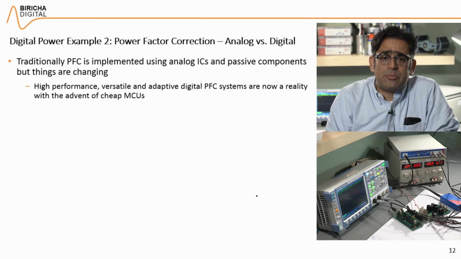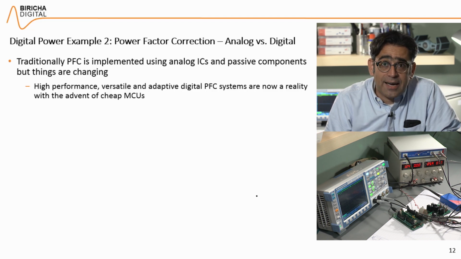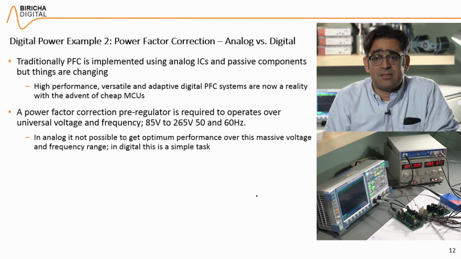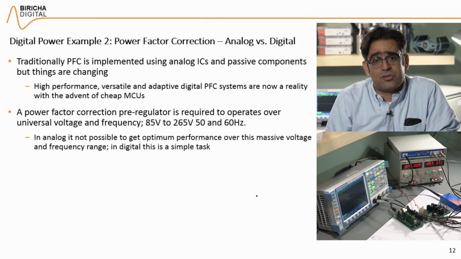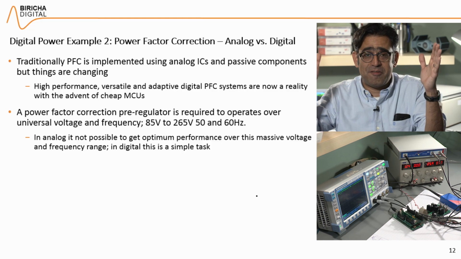So traditionally, PFC is implemented using analog ICs and passive components, but things are changing. High performance, versatile and adaptive digital PFC systems are now a reality, and in fact, we run a workshop dedicated to this. Power factor correction pre-regulators are required to operate over the universal voltage range. Universal voltage goes from 85 volts to 265.